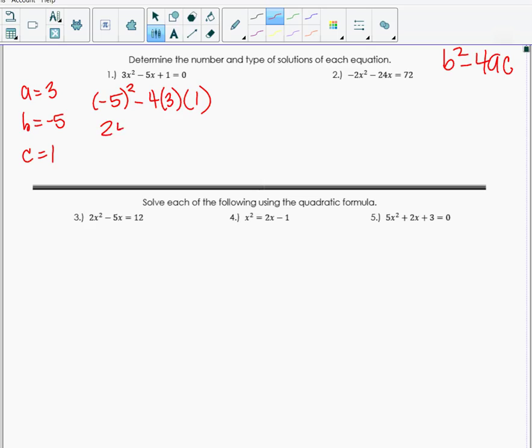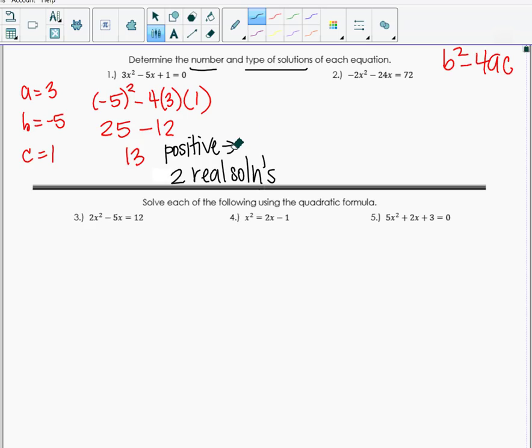So you end up with 25 minus 12, which is 13. Now, because my discriminant is positive, that means I have, notice it says number and type. I have 2. That's the number. The type is real solutions. So if you were to graph that quadratic, it would cross the x-axis twice.